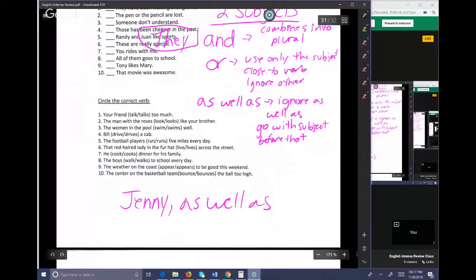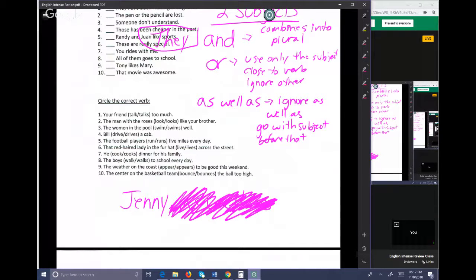We just pretend there is no as well as, and we just default back to the original name or original subject, and we just use that. So with or and with as well as, we just use one subject or the other. With as well as, it's always a particular one we use. With or, it depends on their placement. With an and, that actually compiles and becomes they.